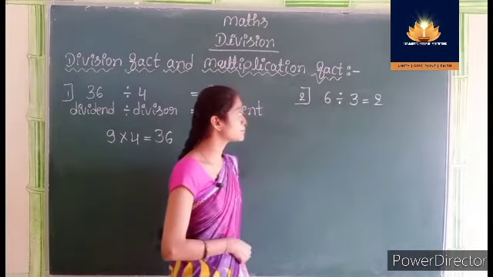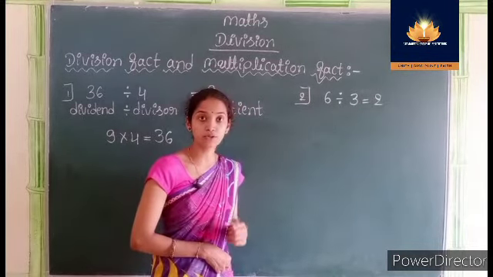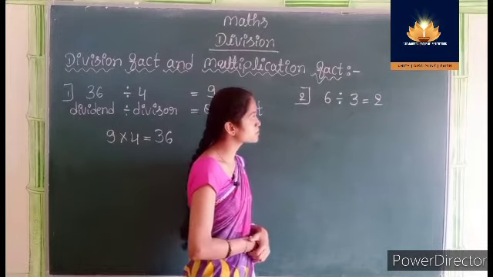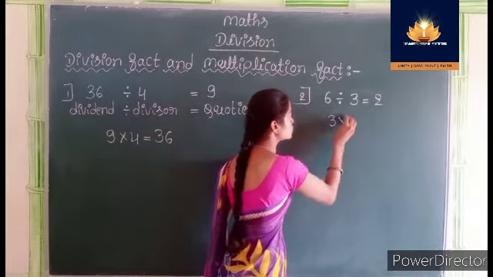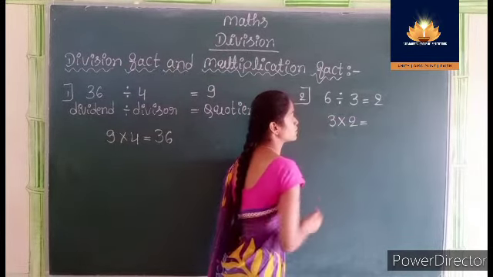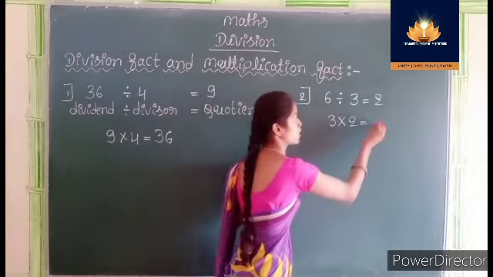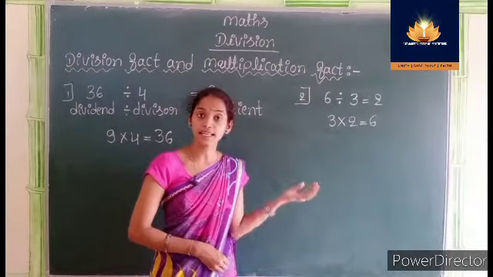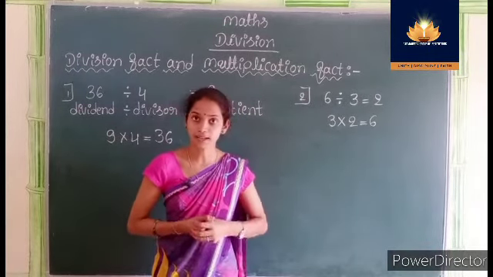We have to generate multiplication fact for this division fact. We have to multiply two small numbers. Here the two small numbers are 2 and 3. 3 into 2 is equal to 6, so we get the big number as answer. Like this we can generate multiplication fact for division fact.